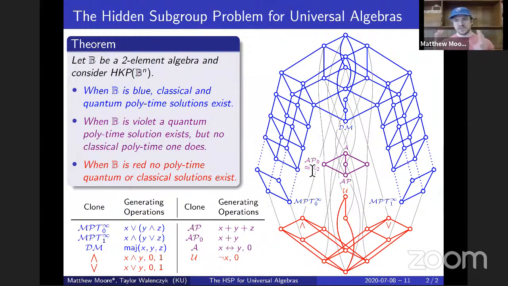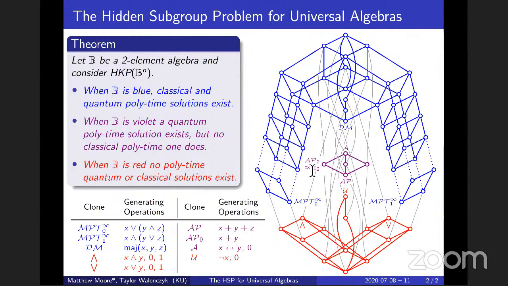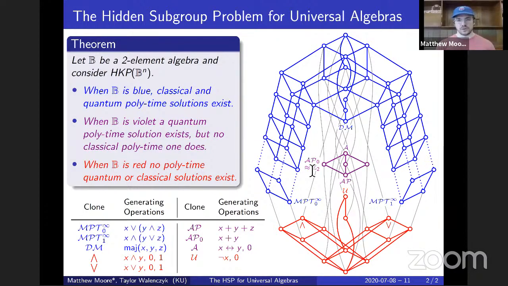So you can't possibly distinguish between all these different things and also output these very large generating sets in polynomial time. So that's the essential line of argumentation. Of course, the question is, is there any other obstacle in the general hidden kernel problem? Is there any other obstacle to polynomial time solutions?